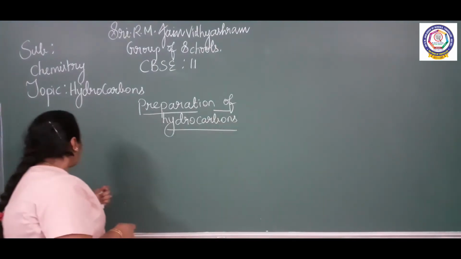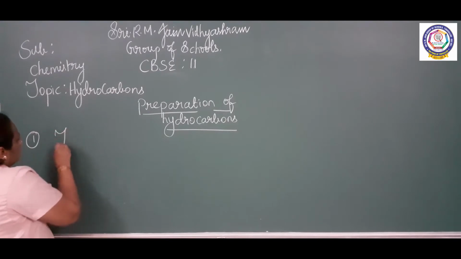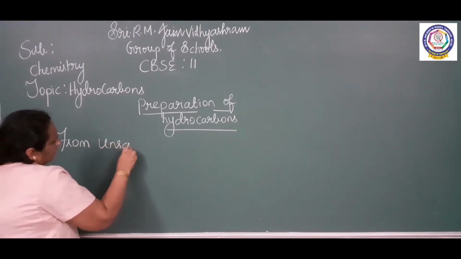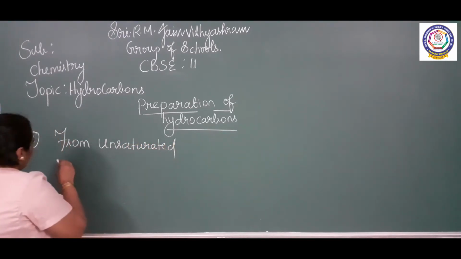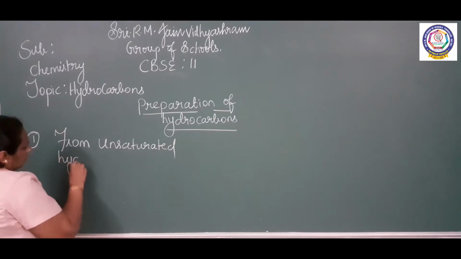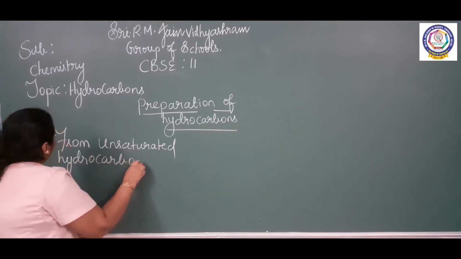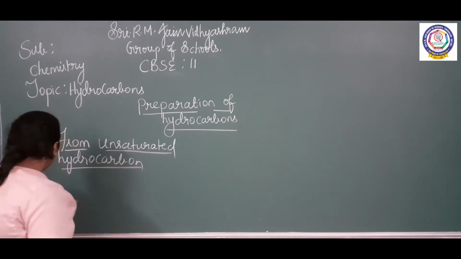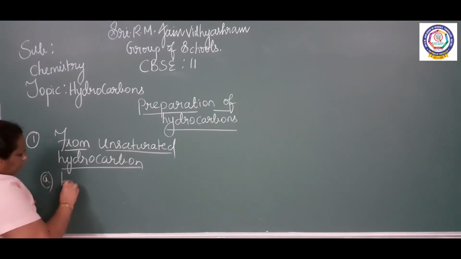So I am going to discuss the first method. The first method is from unsaturated hydrocarbon. From unsaturated hydrocarbon we are going to prepare saturated. So under this, what is the heading we are going to see?